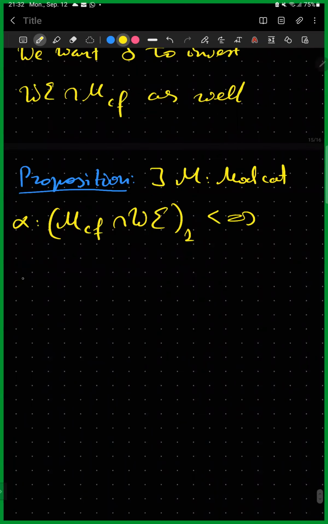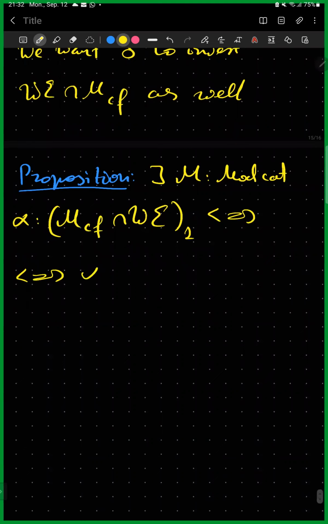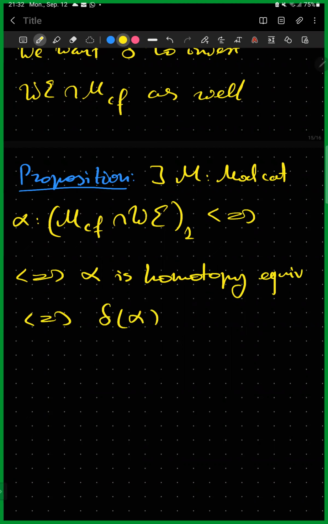Then this is equivalent to saying that alpha is actually a homotopy equivalence. Or equivalently, delta of alpha belongs to isomorphisms in this category.